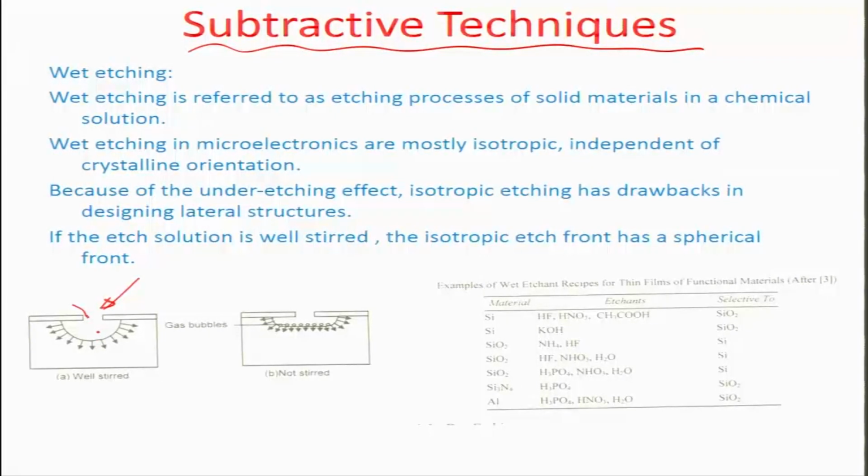So, in microelectronics one has to remember that there are two different broad classes of materials when we talk about etching processes. One is known as the etch selective layer, another is known as the etch material layer, the material that can be etched.